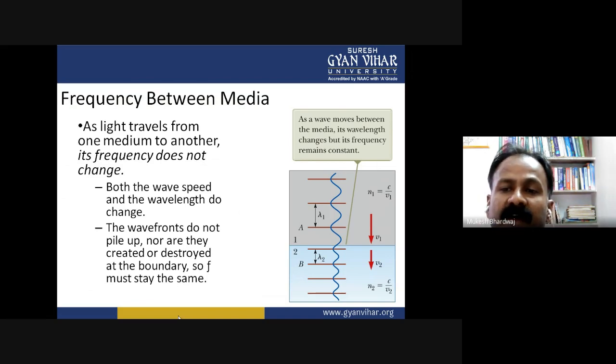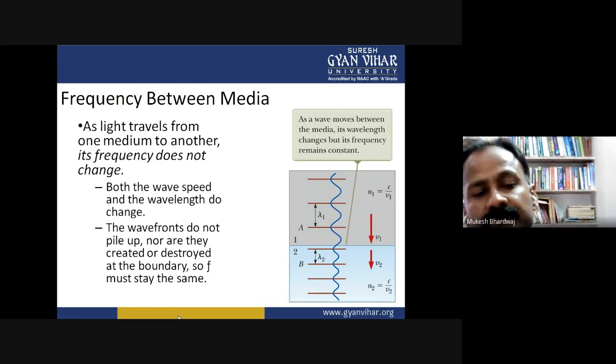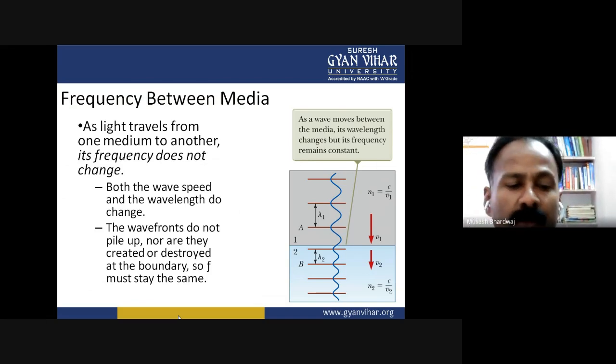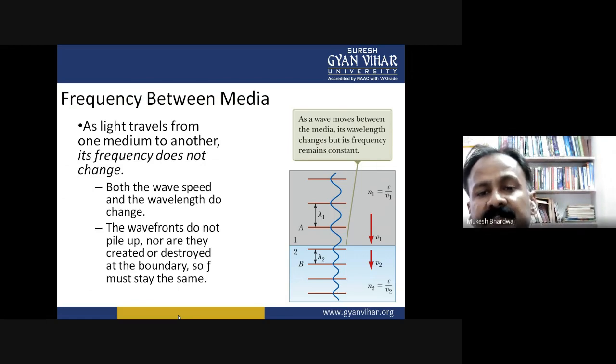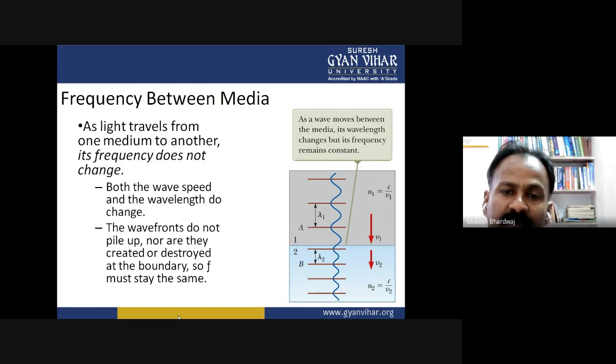Mainly there are two drawbacks of Huygens wave theory. One is it assumes the existence of a hypothetical medium, ether, for propagation of light. Now we know that there is no such medium. Light can travel in vacuum. The second drawback is that it is silent about the nature of light.